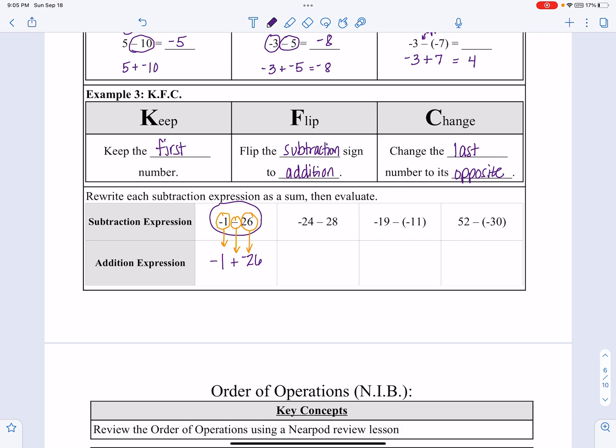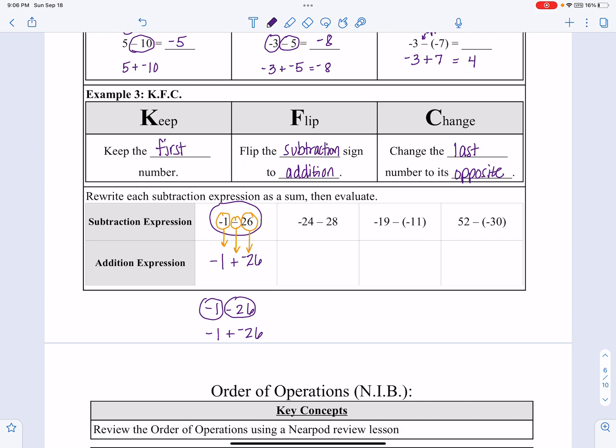So it's just a trick to change it to an addition expression. But if you just look at this and see that I have a negative 1 and I have a negative 26, that's the same thing also. So it's up to you how you want to think about it. Let's think about it both ways as we continue the rest of these.